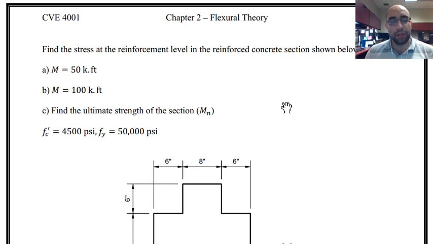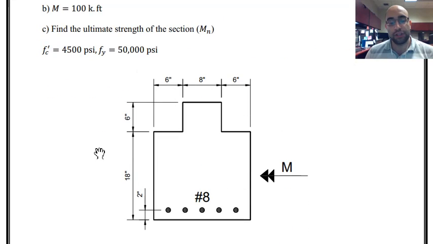So in this example, you can see the problem is asking us to find the stress at the reinforcement level in the reinforced concrete section below, and this is the section that we are talking about.